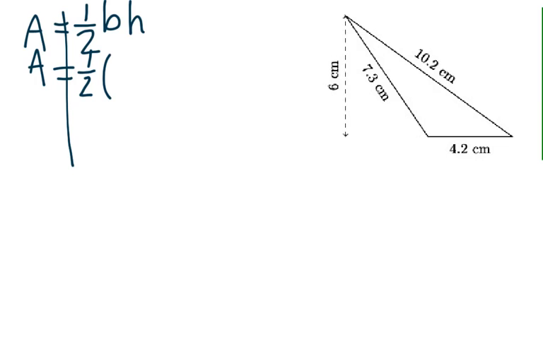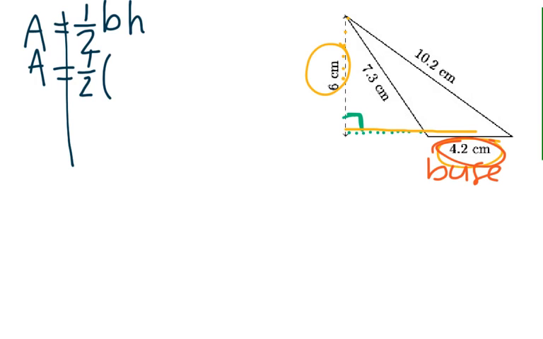So if I were to extend this line right here, the only two things that meet at a right angle are this and this. So this right here, if it were to extend, would meet this at a right angle. So this 4.2 is going to be our base, and this 6 centimeters is going to be our height.